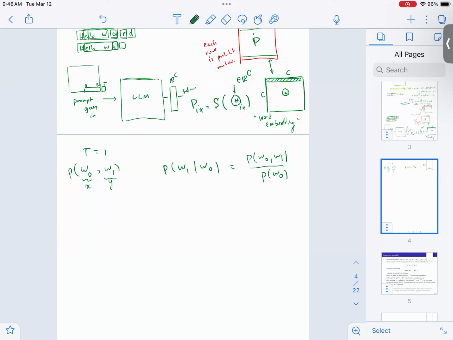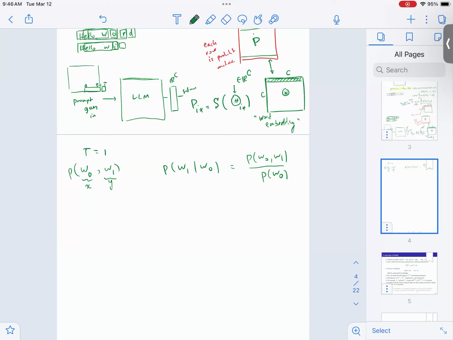When we write w0, comma w1, it is the sequence w0, w1, not the probability of w0 and w1 separately.